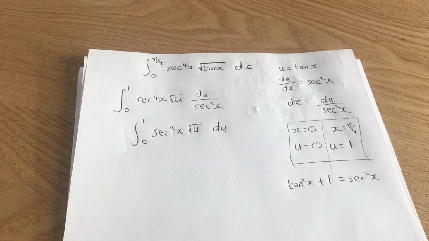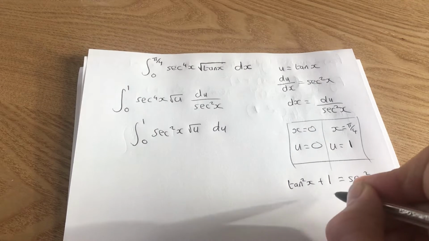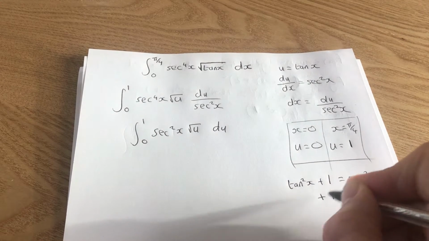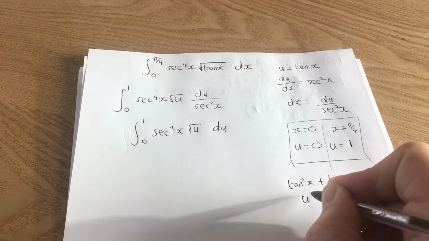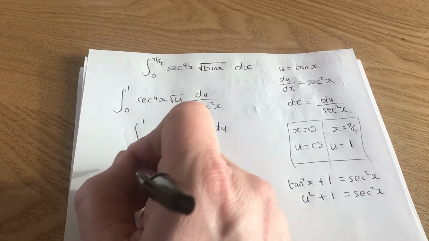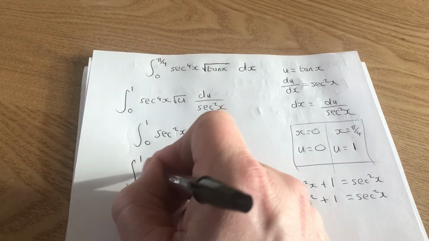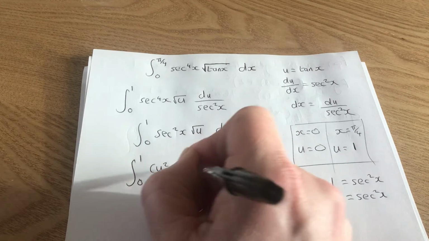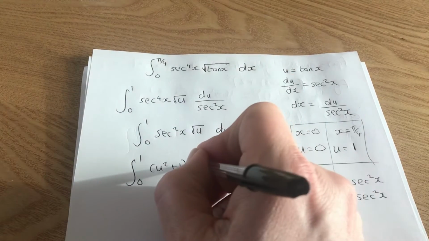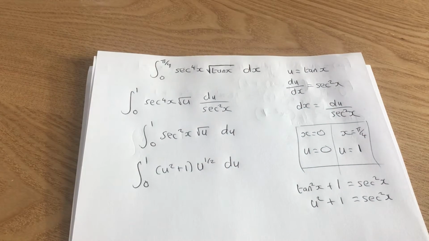Now that's pretty useful because sec squared x, using our substitution, would be u squared plus 1. So I can put that substitution in there now. u squared plus 1 times root u. Let's call that u to the half now. I want to get that ready to integrate.